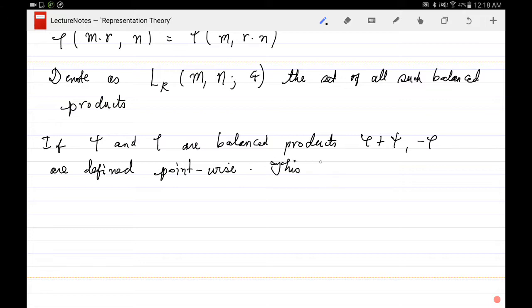This turns L R M N G into an abelian group.